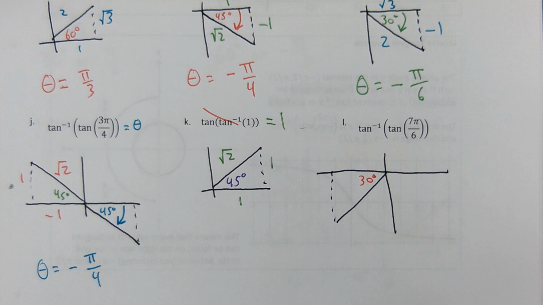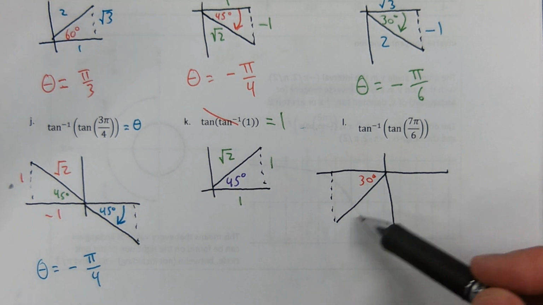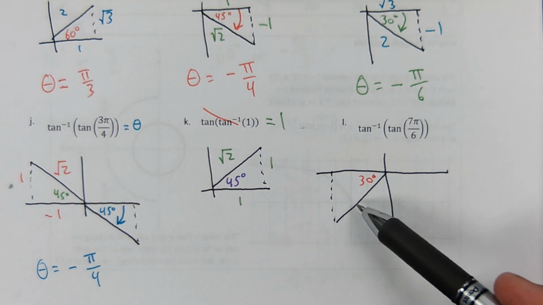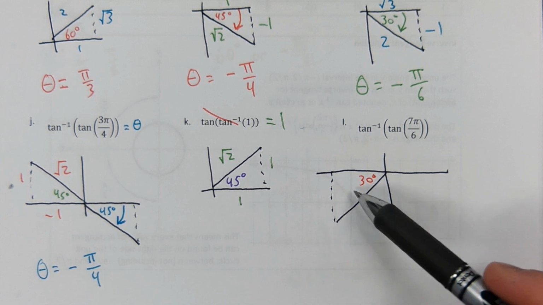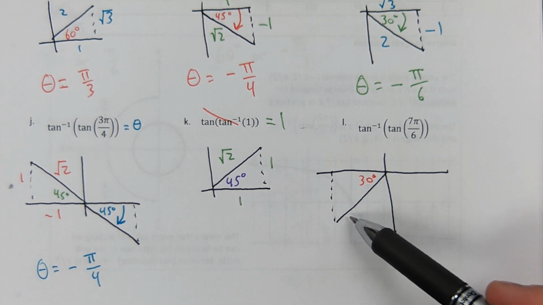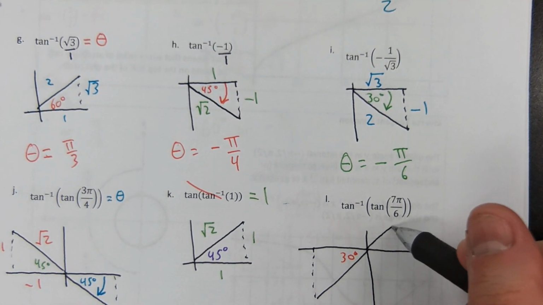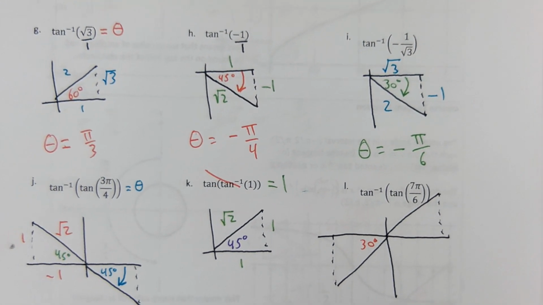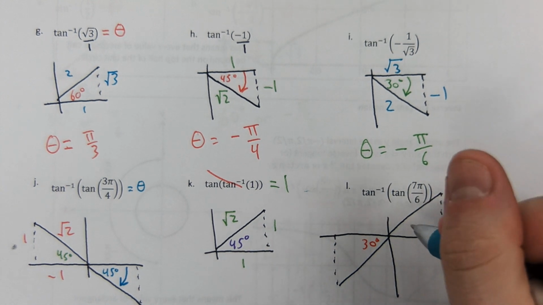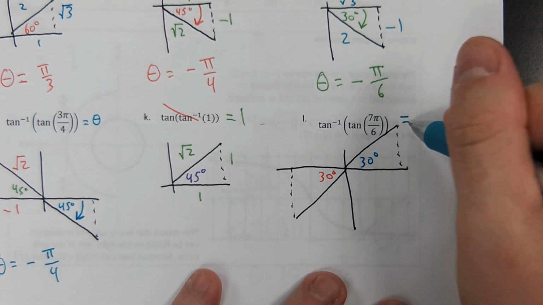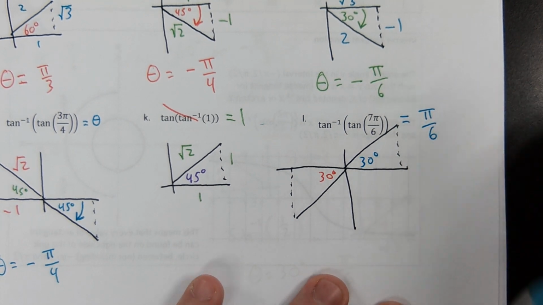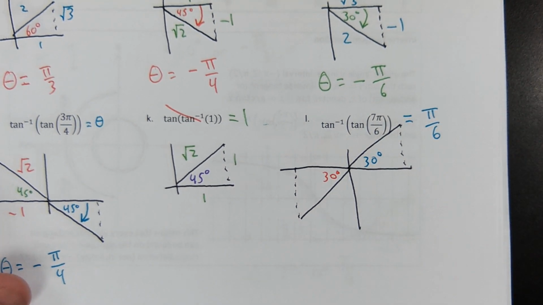Quadrant 1, because tangent in this quadrant is positive. So tangent inverse gets its positive results from quadrant 1. The answer then is, in radians, pi over 6. There it is. Boy, we super nerds now.